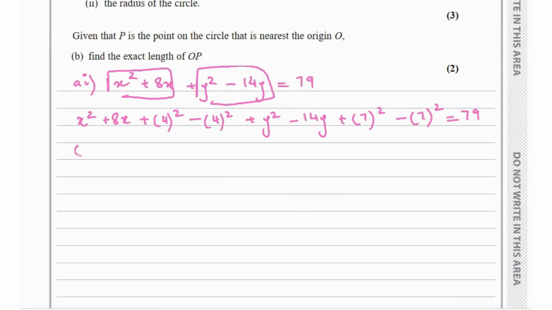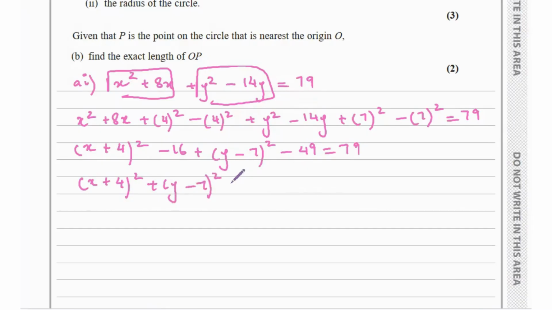So that's going to be x plus 4 whole squared minus 16 plus y minus 7 whole squared minus 49 equals 79. That's going to be x plus 4 whole squared plus y minus 7 whole squared equals 79 plus 49 plus 16.